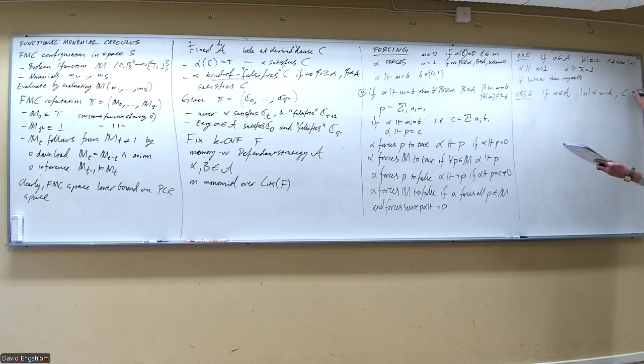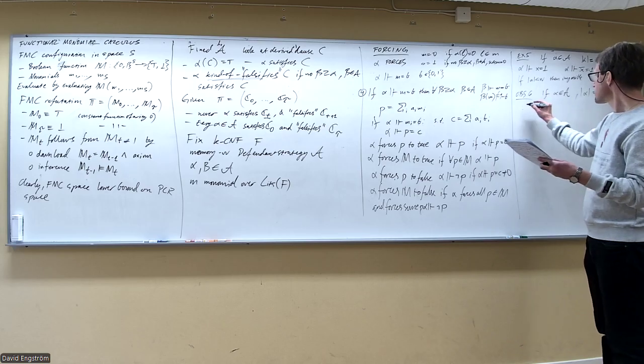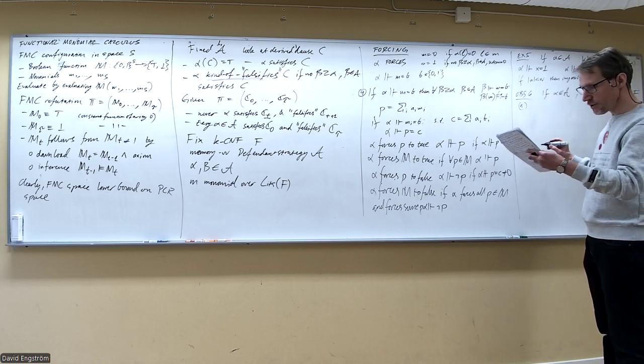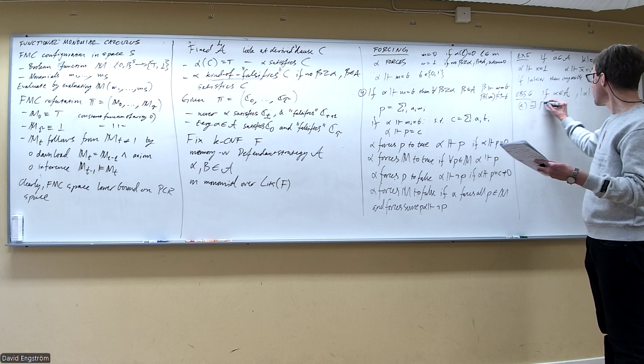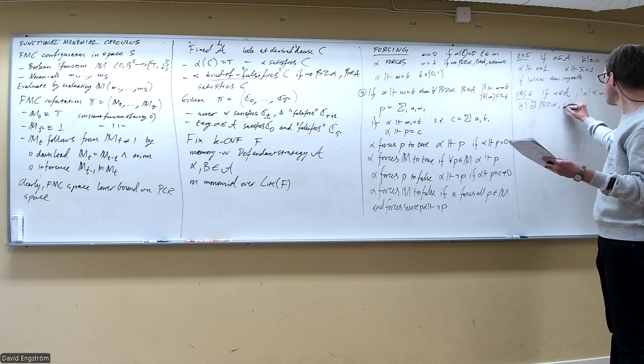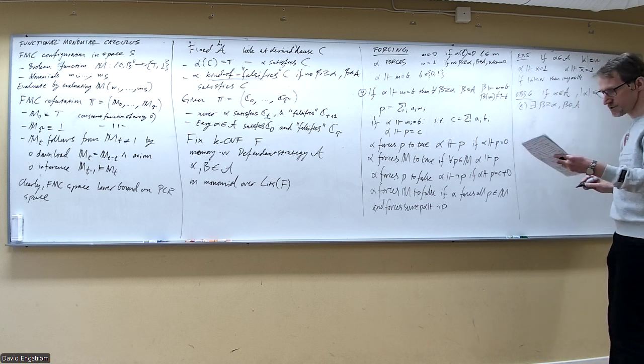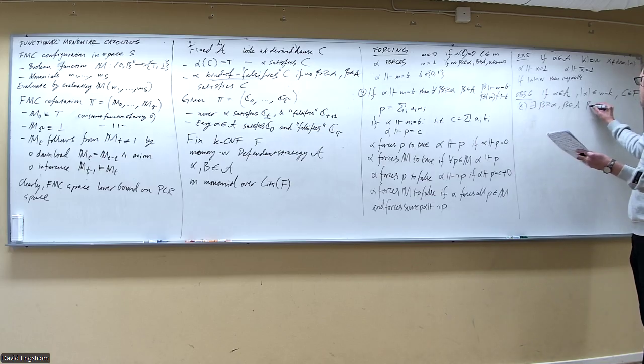Suppose this holds, and suppose that C is an axiom clause. Then obviously, as we've argued, there is a beta extending alpha, a beta inside the strategy, such that beta satisfies C, so C is true.